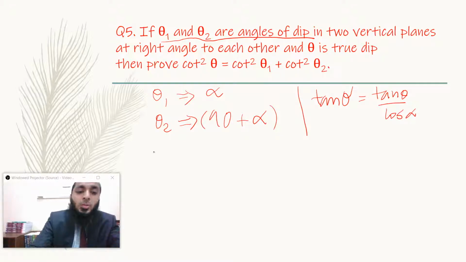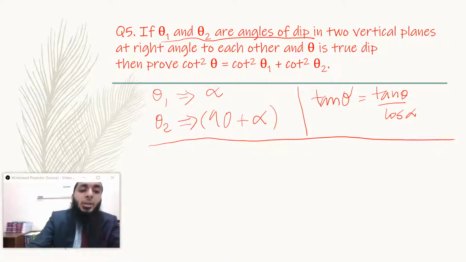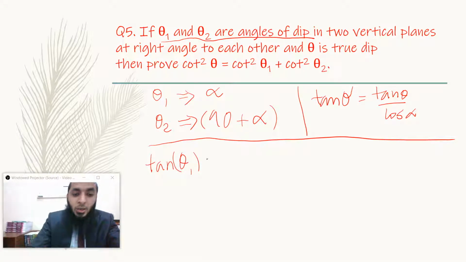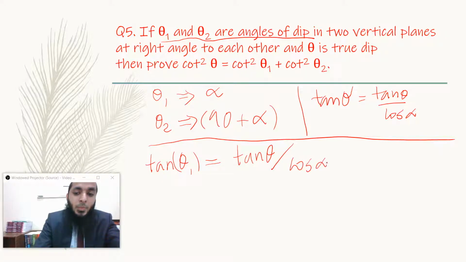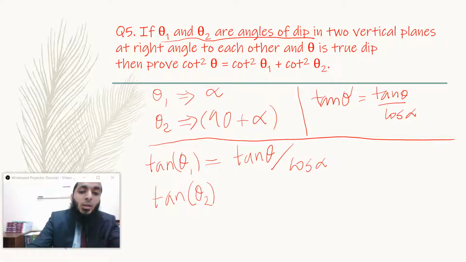So for the first one, we can write tan theta 1, which is the apparent dip in the first plane, equal to tan theta, where theta is the true dip, divided by cos alpha. Now, in the second case, we can write tan theta 2 is equal to tan theta divided by cos.